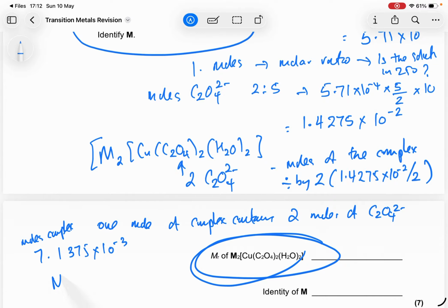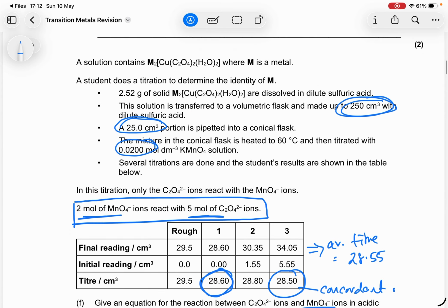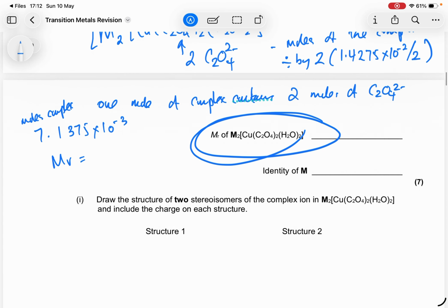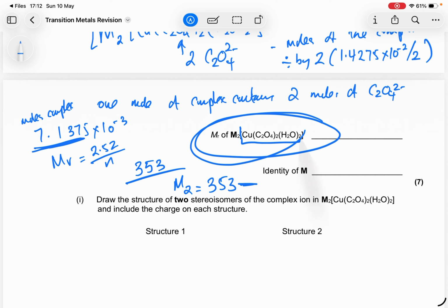And then to work out MR, you take your mass 2.52, you divide by the moles here, and you will get an answer of 353. And then M2 equals 353 minus the MR of the whole of this complex I'm highlighting for you.